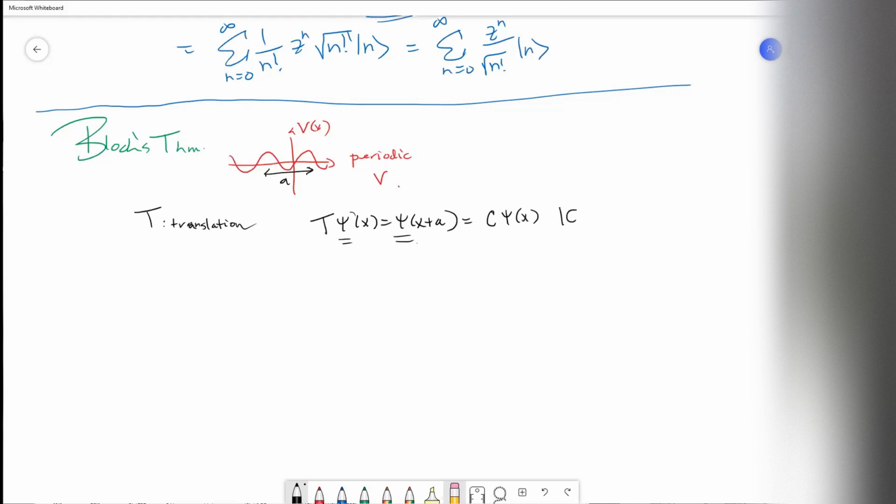So the magnitude is 1. That's the symmetry. That's what it gives us. So what else? Well, we can do a little better and put the entire system in some box that's periodic.